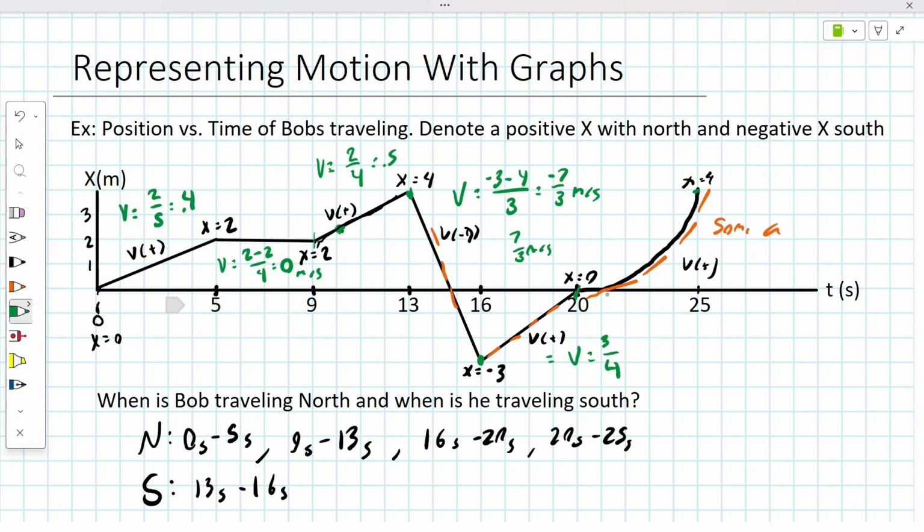So up to the 20-second mark, what is the greatest and what is the least? Looking at all these velocities, this one is the greatest, since it is 7/3, which is larger than the other ones. And since we're just looking at speed, this one will be the least.